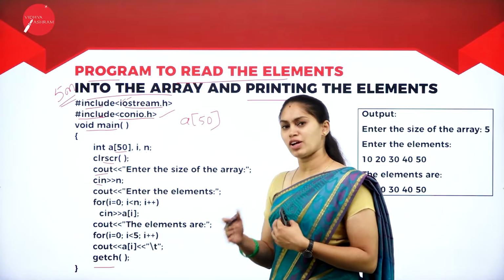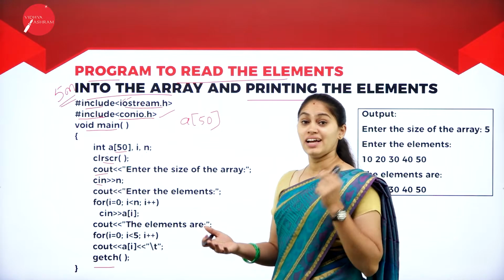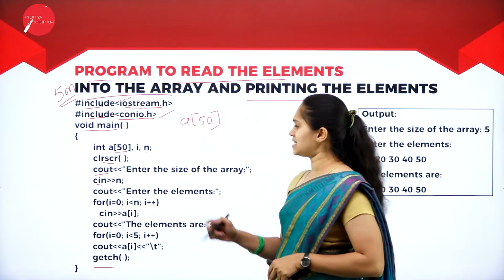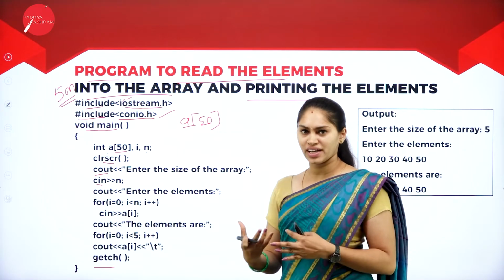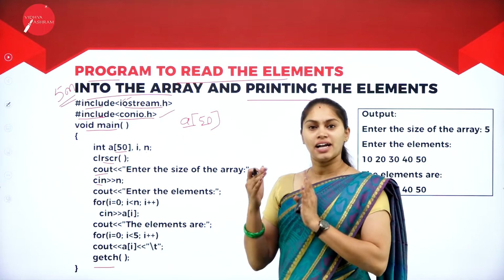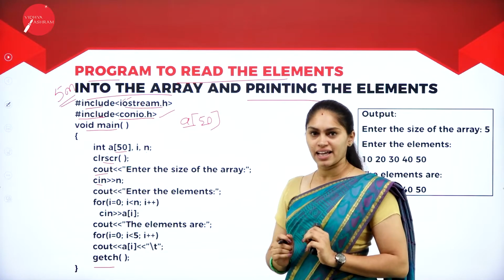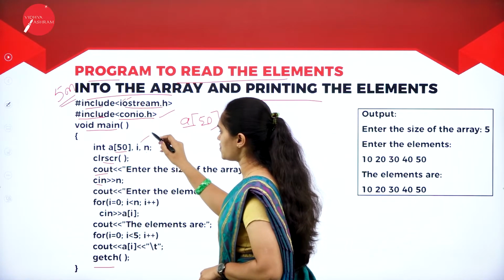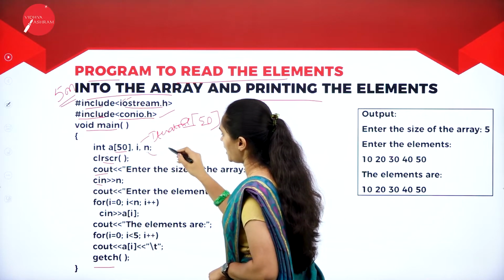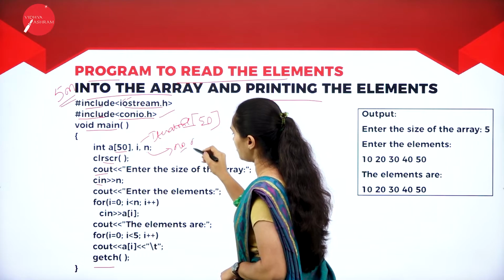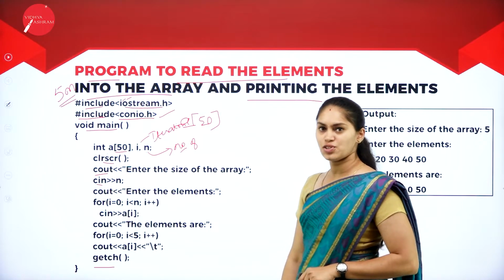Am I supposed to take all the 50 elements? No, it is the maximum size. That means this array can hold up to 50 elements. We can give 30 elements, 20 elements, any number. At most it can hold 50 elements. Then we have i, which we are going to use for iteration or looping, and n is nothing but the number of elements that specifies the size of an array.